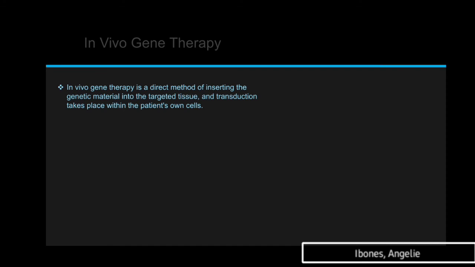This therapy is administered directly to the patient. The targeted cells remain in their body. In other words, it is a direct delivery of genes into the cells of a particular tissue in the body.